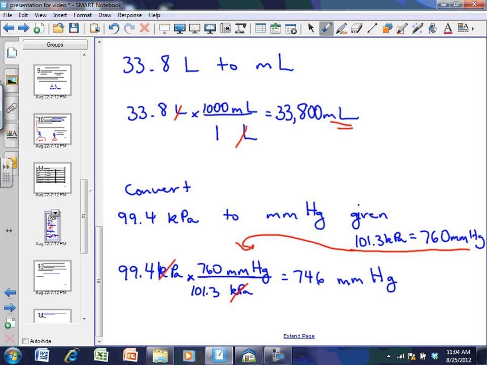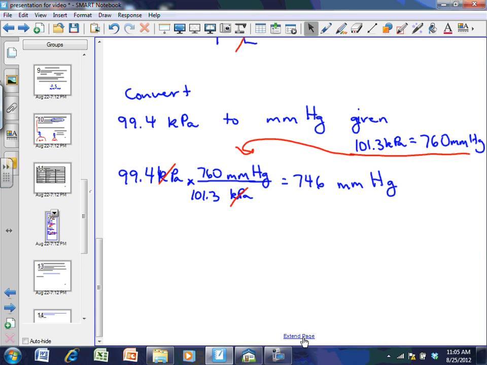So I'd really like to stop there and give you an opportunity to practice some conversion factors before we do a couple that are more difficult.